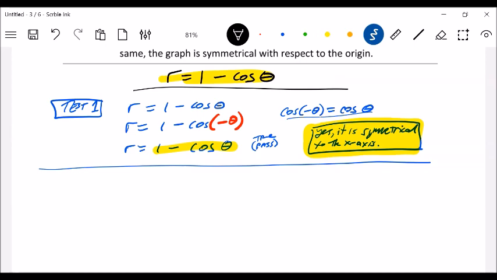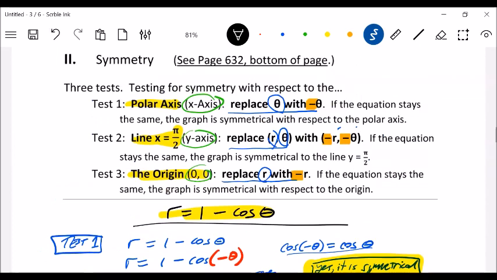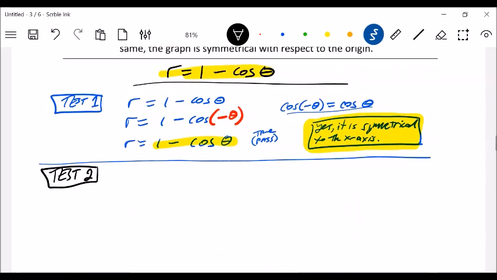Now we're going to do test 2. Test 2 is the line x equals pi over 2. We're going to replace r and theta with negatives. Okay. So r equals 1 minus cosine theta. So that becomes negative r equals 1 minus cosine of negative theta. Okay.